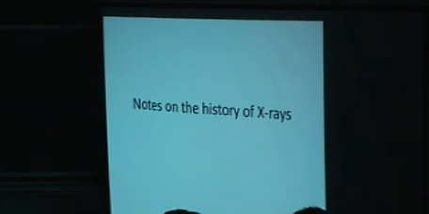So, X-rays were discovered almost accidentally in 1896 by Röntgen. ठीक है, और जब ये X-rays discover हुई तो the nature of these X-rays was extremely strange. They penetrated matter.